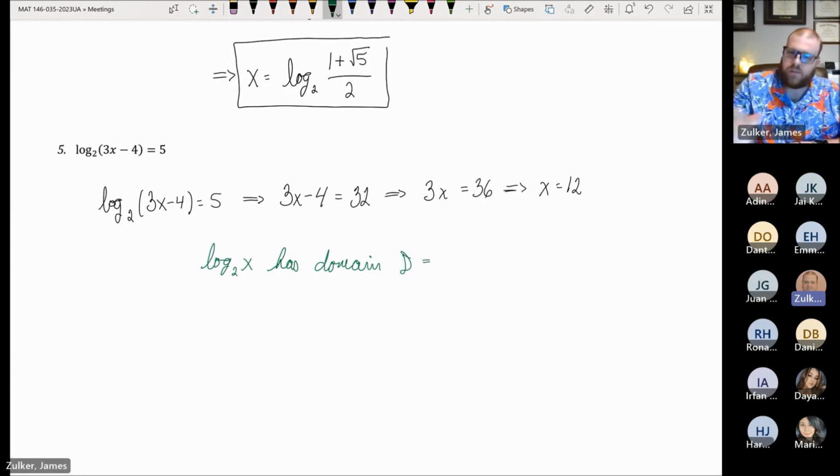Open or closed? This is the first time we're looking at an equation involving a function that is not all real numbers as its domain.